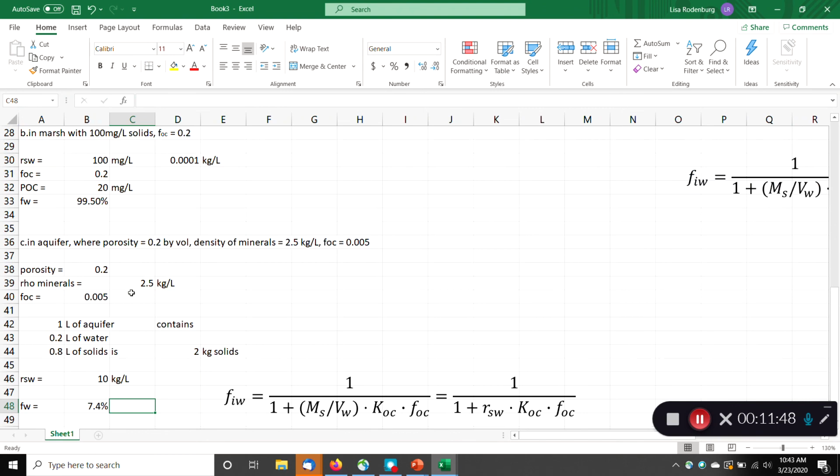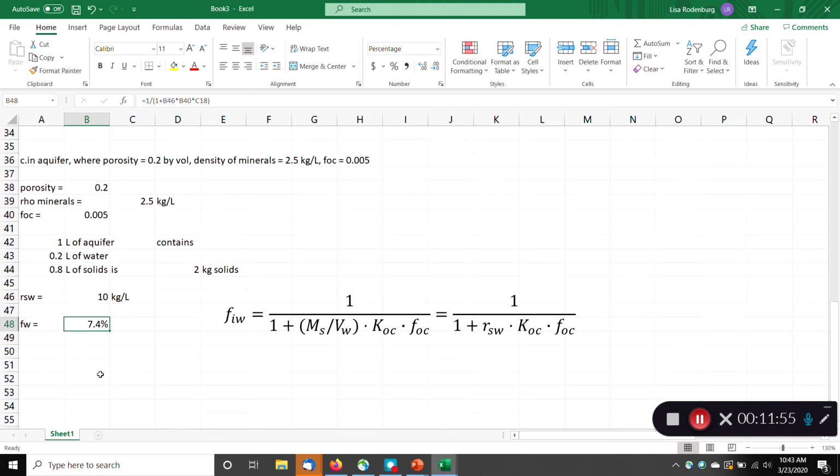We went from 99 point whatever percent being dissolved in the surface water and in the marsh, but in the aquifer only 7% is dissolved. So remember, we had something called a retardation factor, which was equal to 1 over the fraction in water. So here's our retardation factor.